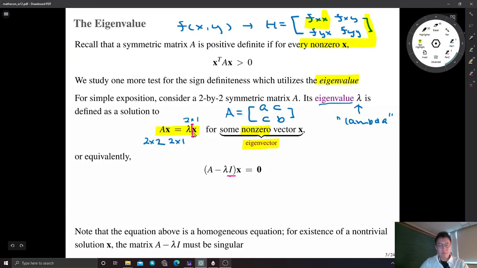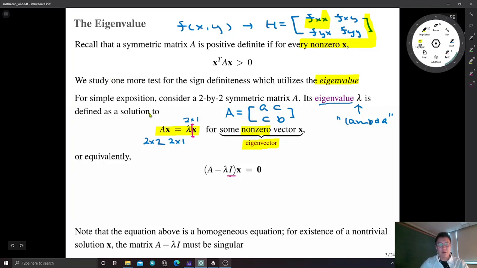After putting the identity in the middle and moving this term to the left, I have a common factor x. Factoring out that x and putting it in the back, I obtain this on the left side. Then I'm left with nothing on the right, so I have a 2 by 1 zero vector on the right.